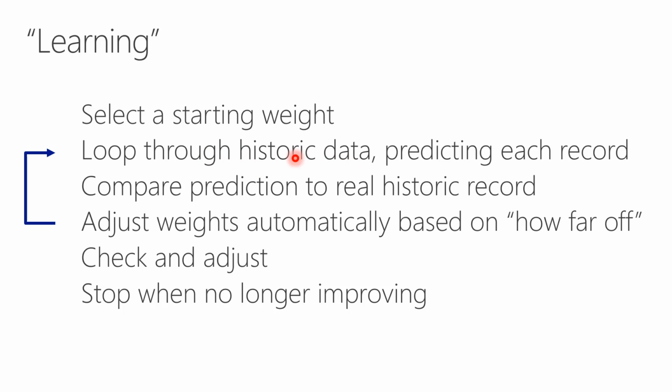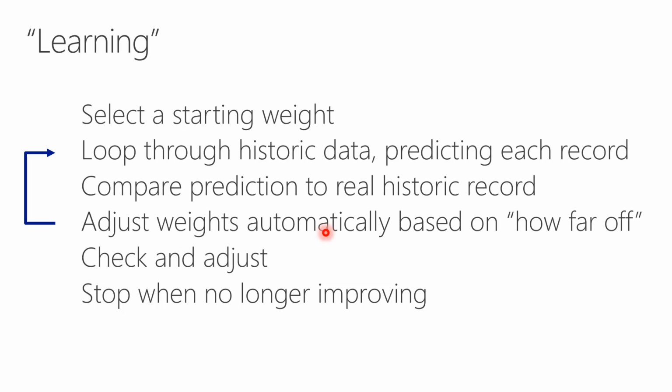We'll go through all of our historic data, potentially millions of records, with our selected algorithm and the weight that we currently have, and we're going to run the predictions. For each of those records, we'll see how the prediction matched the label that we already have, right? So since it's historic data, we already know the house price. And then we'll adjust the weights automatically.